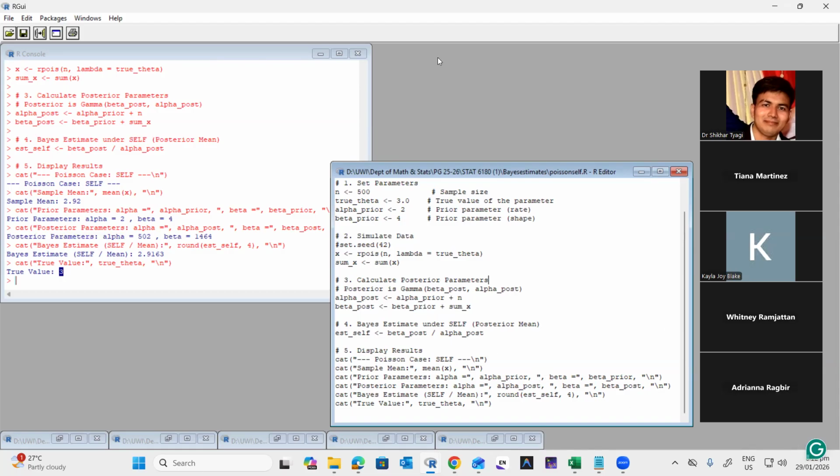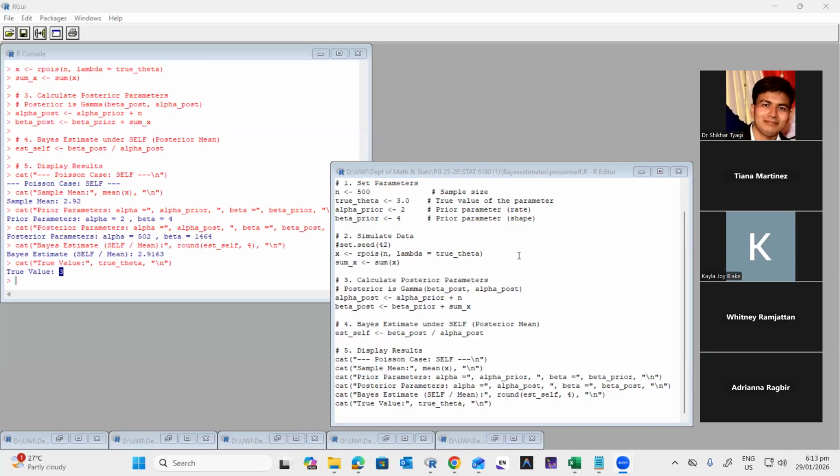Okay, I just share these codes in the chat. Okay, so now all of you have the codes. If you want, you can run it on your own laptops.